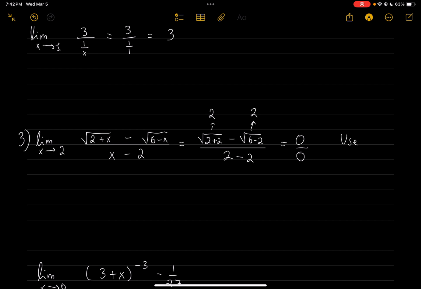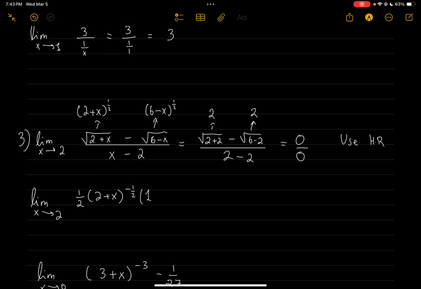We use L'Hopital's rule. So the derivative of the top one is going to be, since this can be written as 2 plus x to the power of half, and this is 6 minus x to the power of half, according to the chain rule, the half is going to go down, 2 plus x, and then the new power is negative half, and then you multiply by the derivative of the inside.